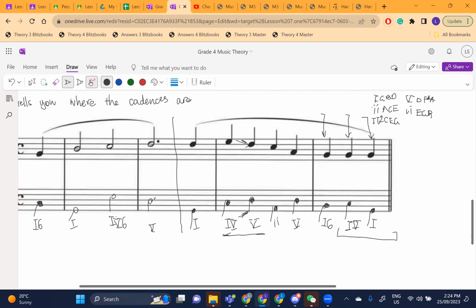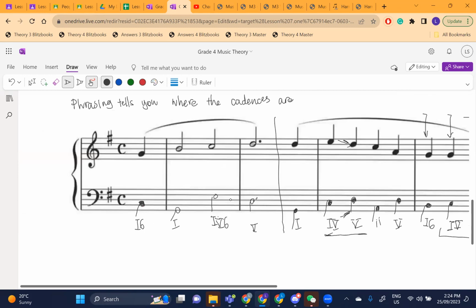Next step. Choose a cadence point. I'll start from here. We're gonna work backwards and harmonize this small phrase, and then we're gonna work backwards from the next phrase. So, I don't know, F here, A here.